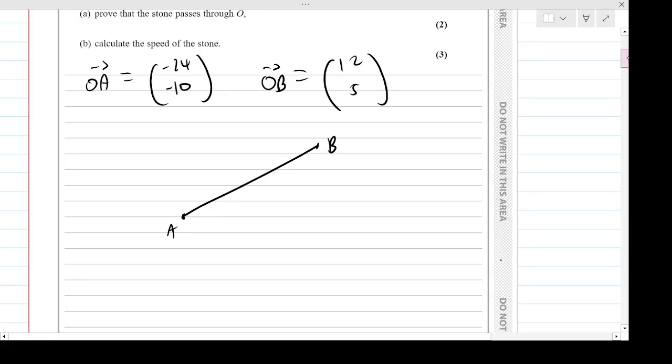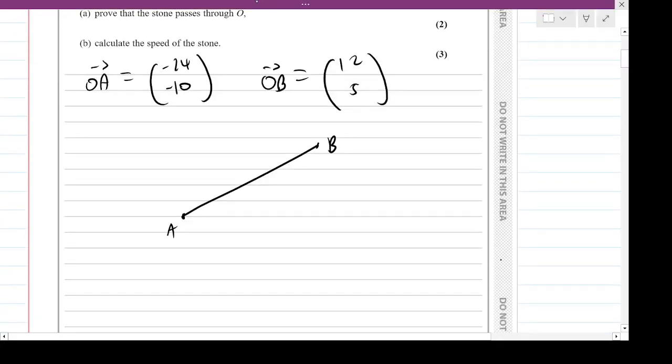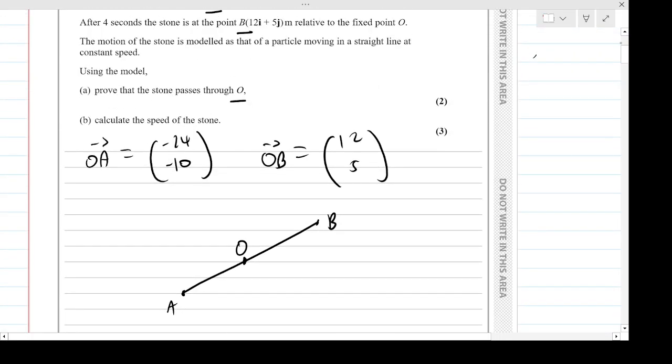And we want to prove that the stone passes through the origin, this point O, somewhere on the line, let's say here, right? Now we're in a situation where we want to prove that 3 points are on the same straight line. We want to prove that A, O and B are on the same straight line.